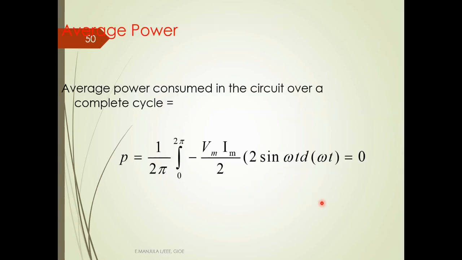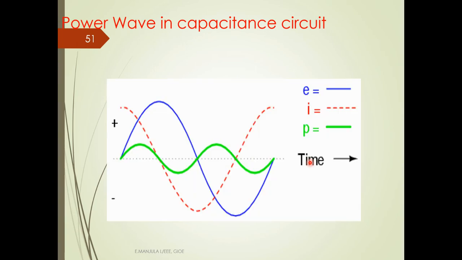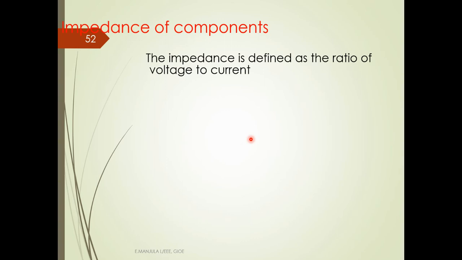The average power consumed in the circuit over a complete cycle, with time period T, is 1 by 2 pi integral from 0 to 2 pi of V maximum I maximum by 2 sin 2 omega t d omega t, which is equal to 0. So this is the voltage, this is the current, and this is the complete power.